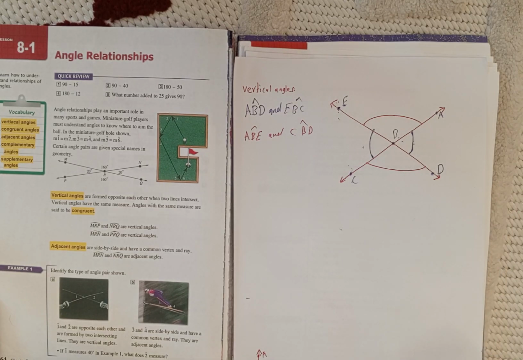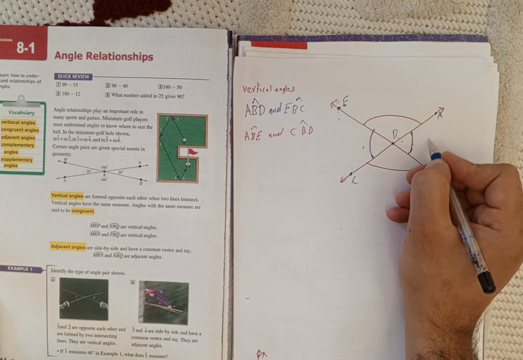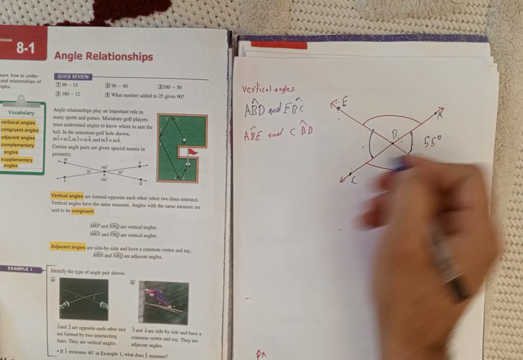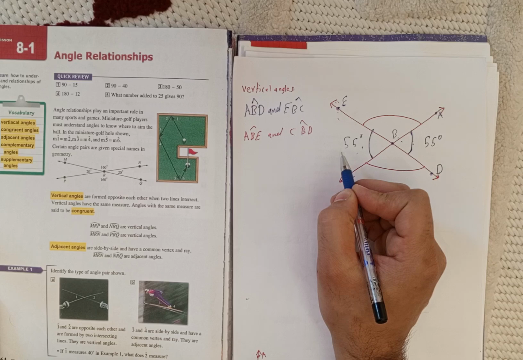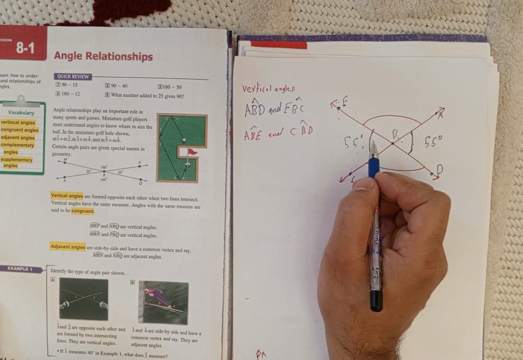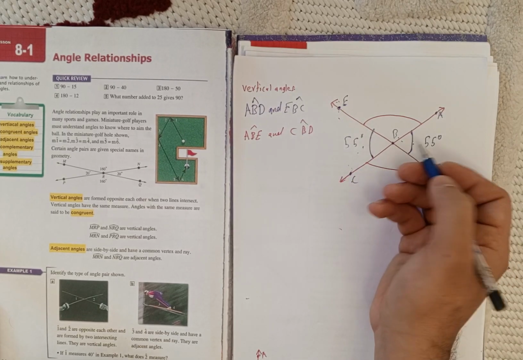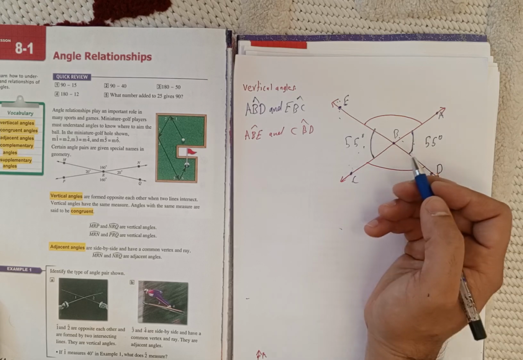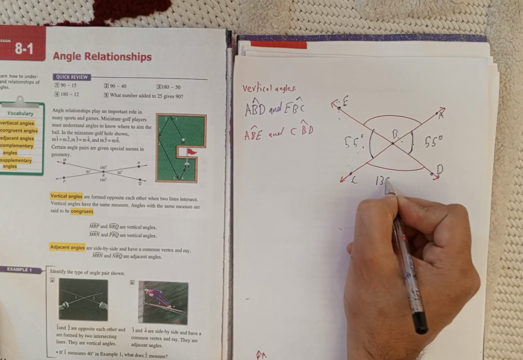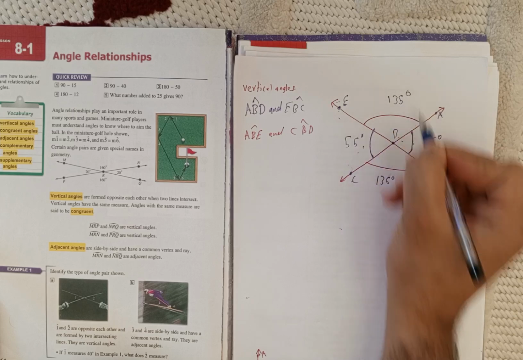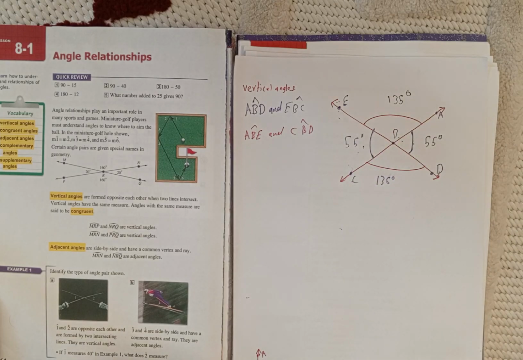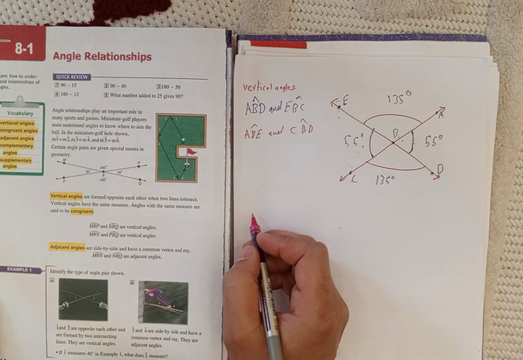For example, if the measure of this angle is 55 degrees, what is the measure of that angle? It's 55 degrees. Why? Because they are opposite each other. They are vertical angles. The vertical angles are always equal. If this one is 135 degrees, what is the measure of this angle? It's 135 degrees. Why? Because they are vertical. Okay, so these are the vertical angles.